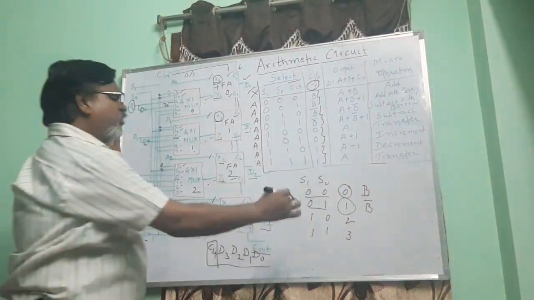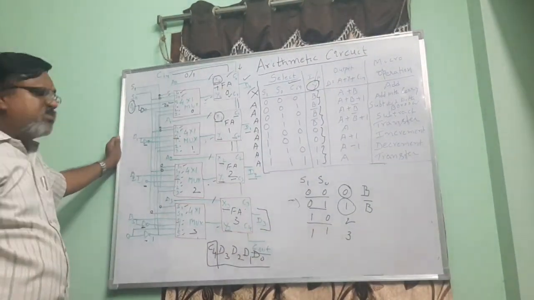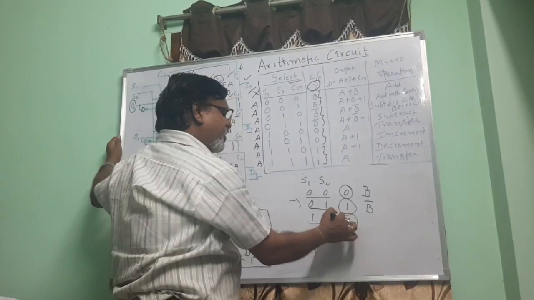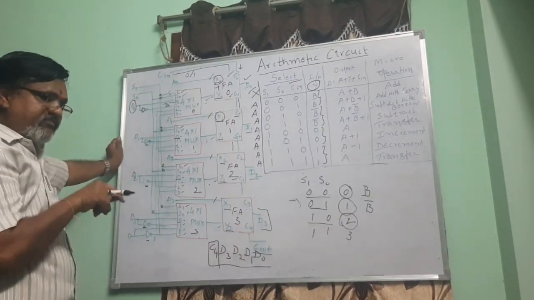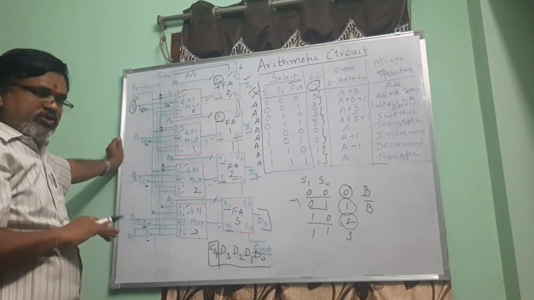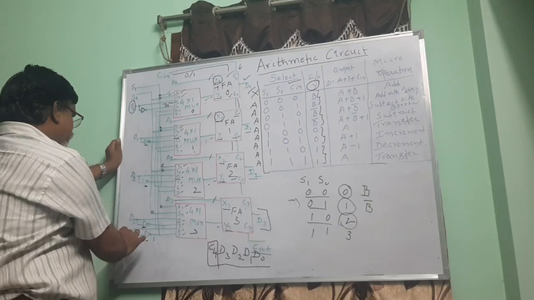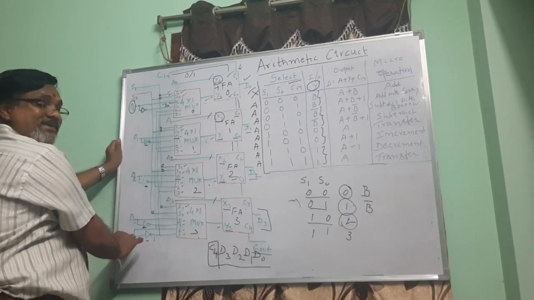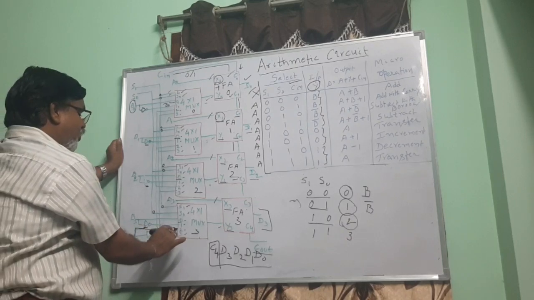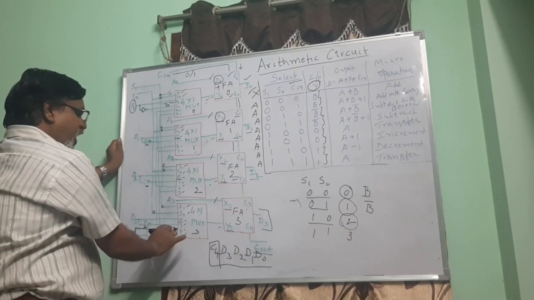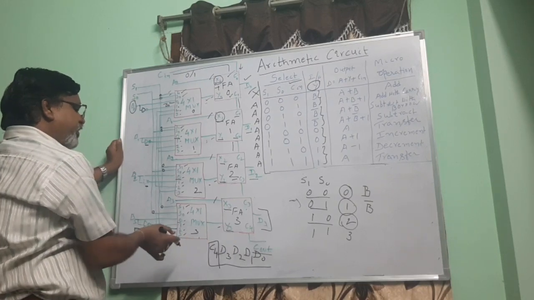Fine. Now, if S1 and S0 are 1, 0, that is the decimal equivalent of 2, whatever input we give at pin number 2 should come out as the output. What we are giving at pin number 2 is logical 0. Pin number 2 means the third one.